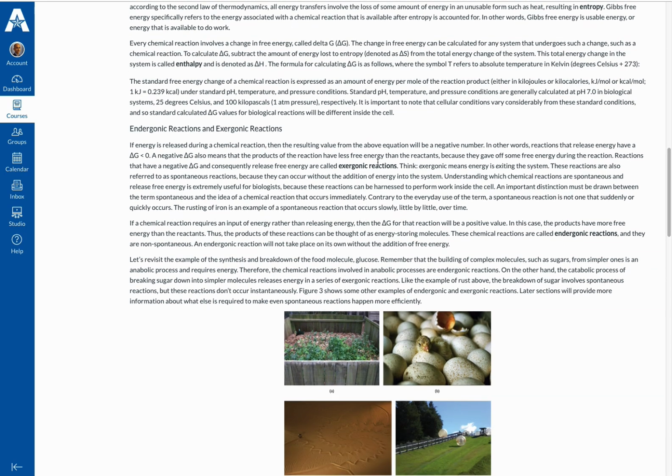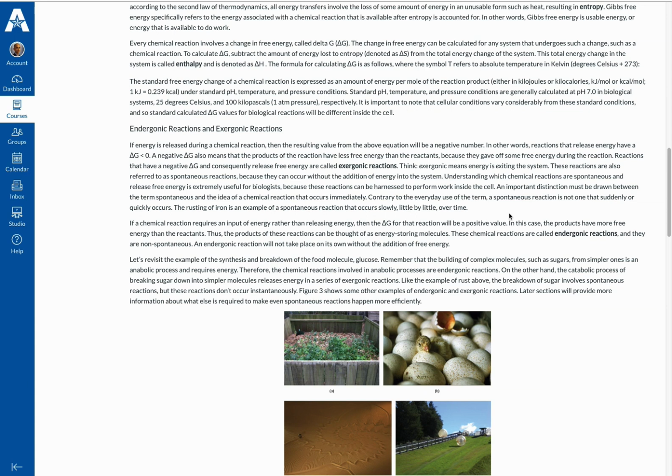Okay, and any reaction that has a delta G of less than 0 would be exergonic because it's releasing energy in bonds. Anything with a delta G above 0 is endergonic because it takes in energy to form those more complex bonds.